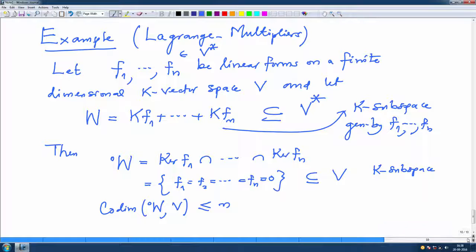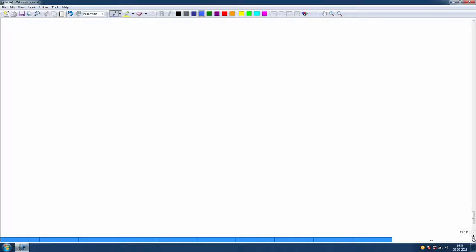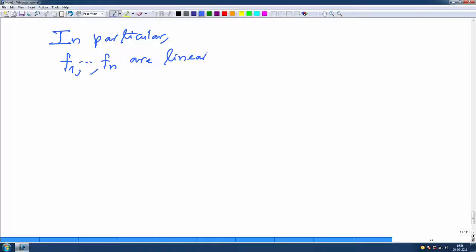In particular, when are f1 to fn linearly independent? They are linearly independent if and only if the equality holds above. That means codim of left circle W in V equals n.